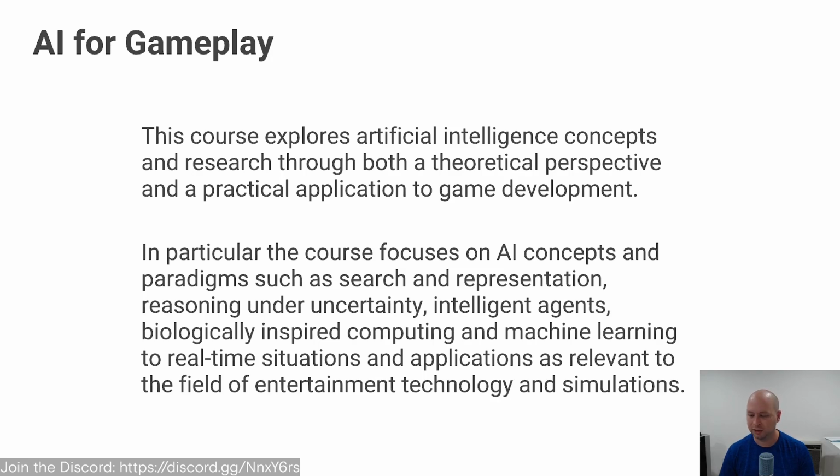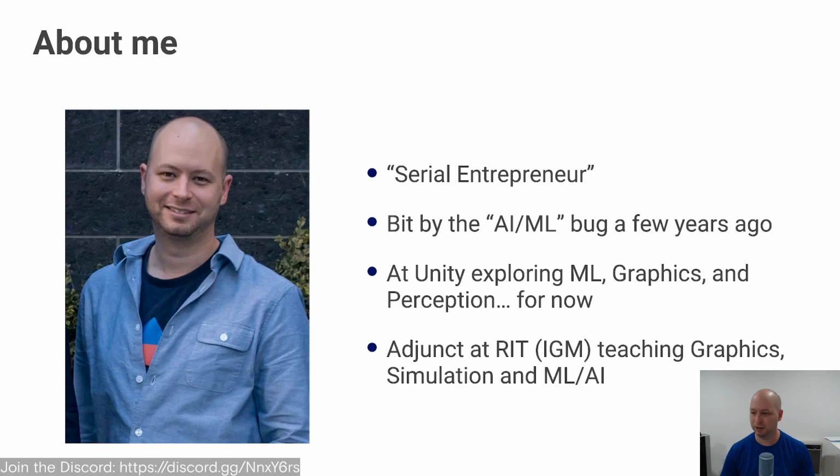To introduce myself, my name's Idan Beck. I'm an adjunct professor for RIT IGM now for a couple of years. I'm largely described as a serial entrepreneur, which is by no means a good thing. That means I haven't really successfully started a big, large company yet, but don't trust me, I'm still trying.